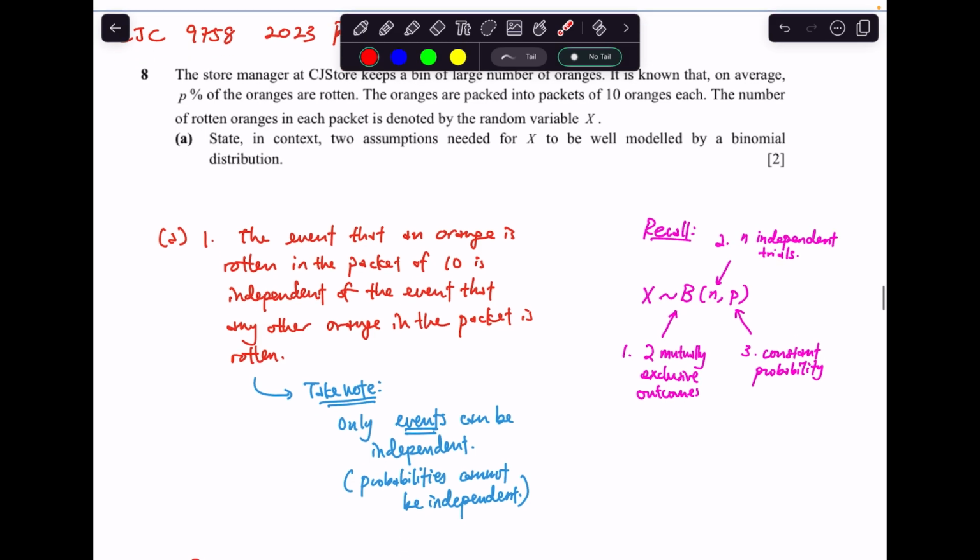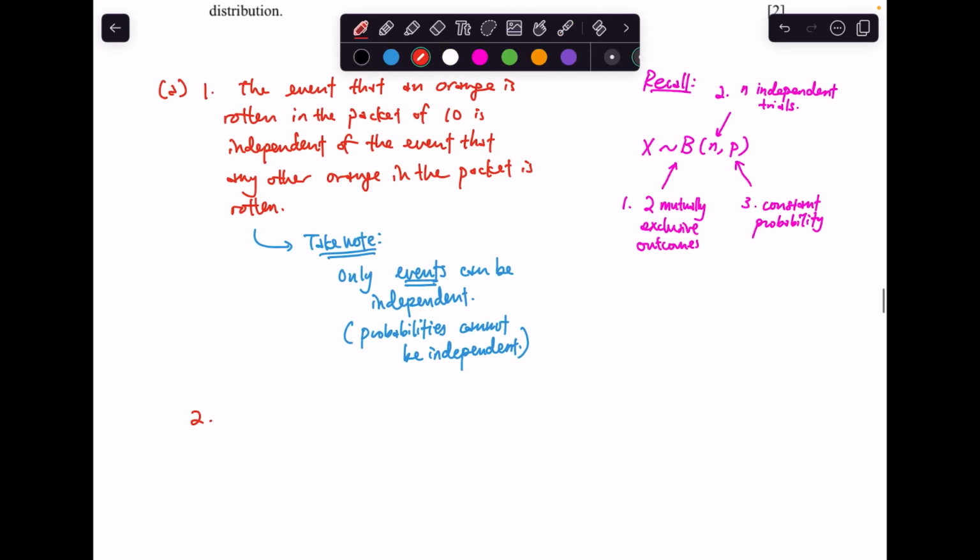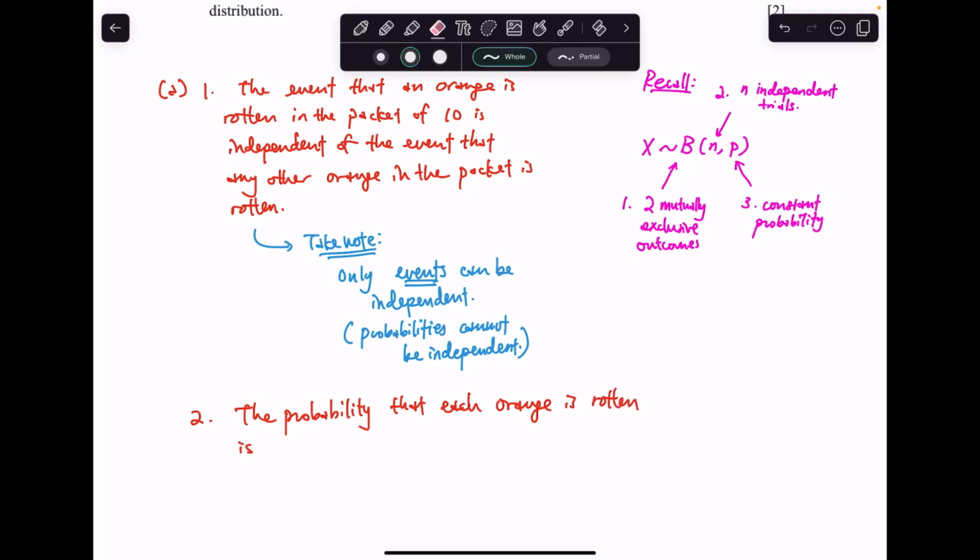So this is the assumption that we want to make. We want to make an assumption that the probability that each orange is rotten is constant, because constant probability, constant at P%.